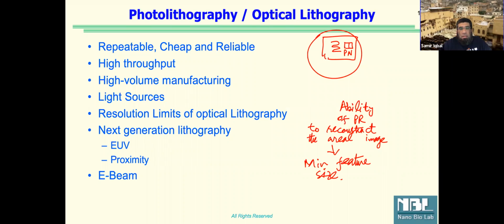And this has enabled the high volume manufacturing in the semiconductor industry by changing the light sources, by pushing the wavelengths down, and by making the resolution of the optical lithography good enough so we can make all the components on the surface of the chip.